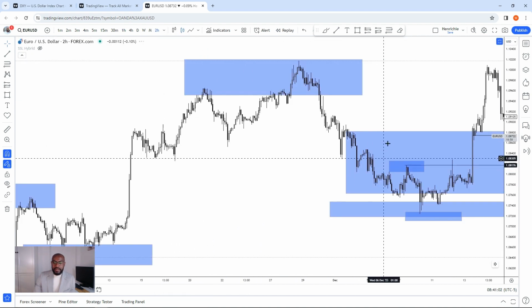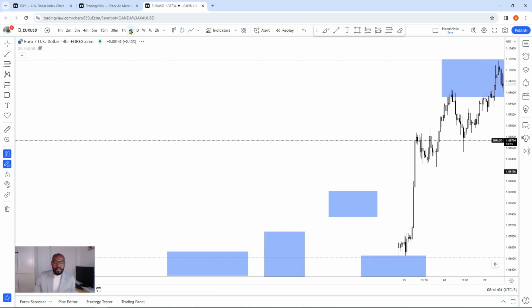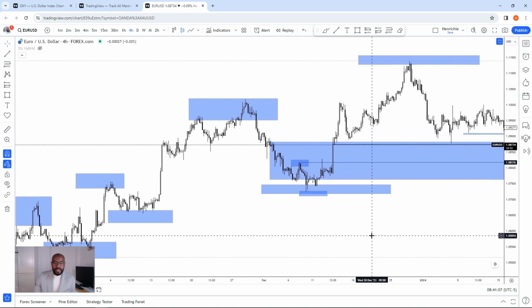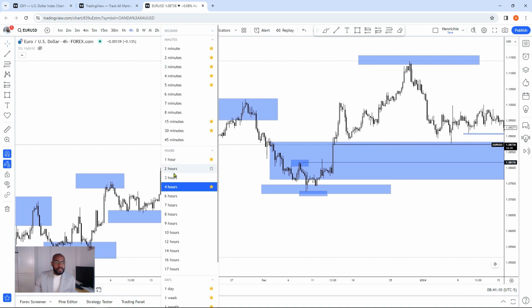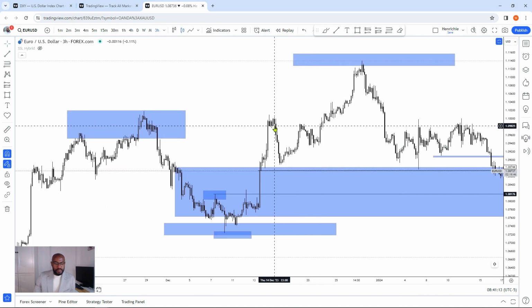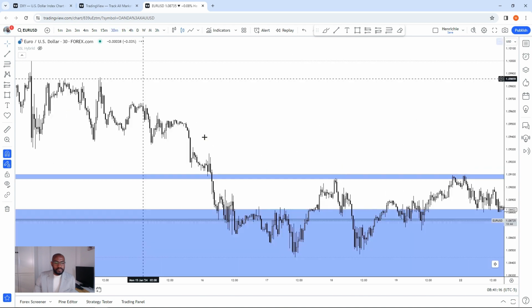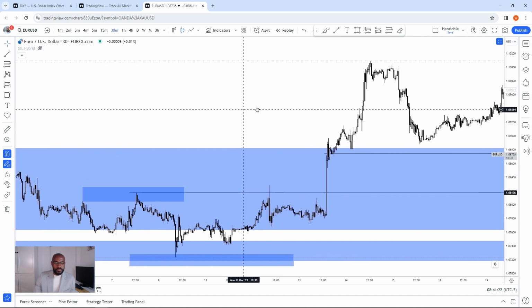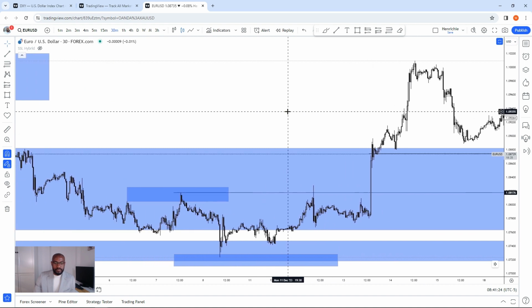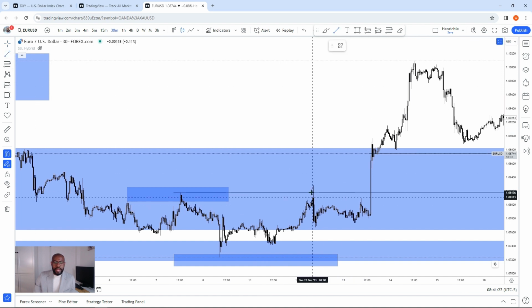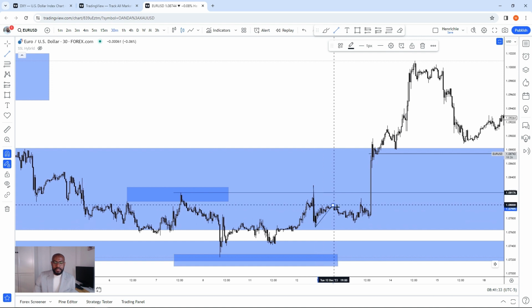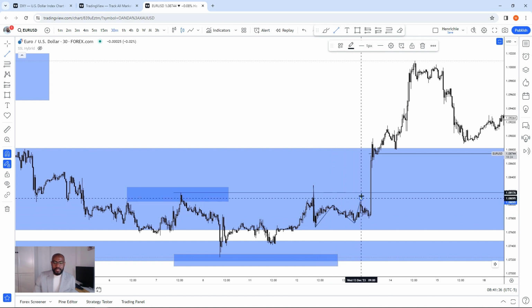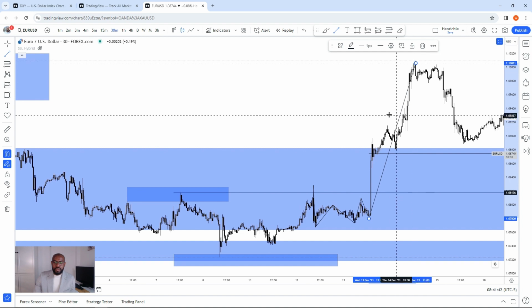So let's look at it on the 2-hour time frame. Not really clear. 4-hour time frame. So look at it on the 30 minutes. So right here, we had this sell, and then this, and then this. And after that, we had this that then broke structure.